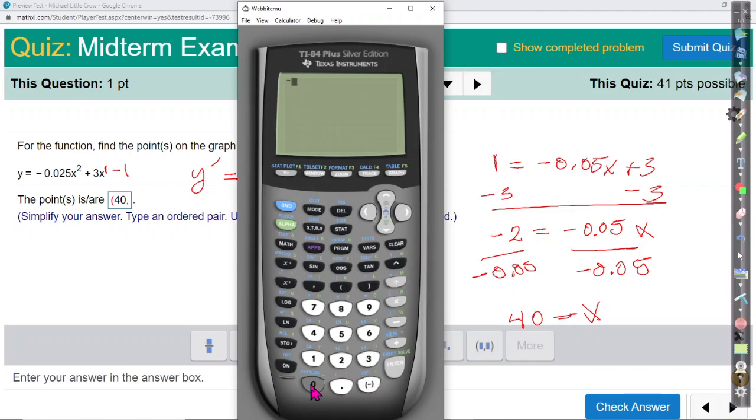Negative 0.025. We're plugging in 40, squaring it, and plus 3, and for x we're going to plug in 40. So 80. The y value is 80.